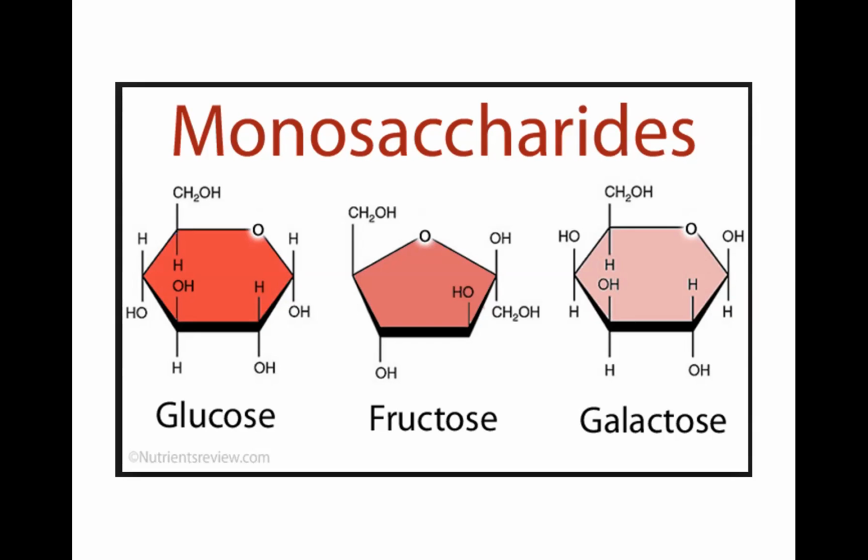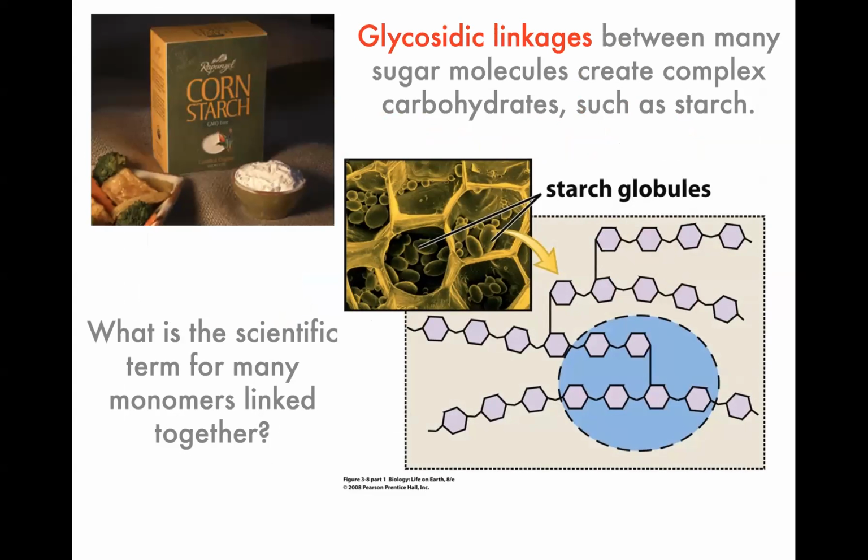You can see the chemical structure of these can vary. Glucose is a 6-carbon sugar, while fructose is a 5-carbon sugar. You see fructose as a not so ideal added sugar in our foods. We see galactose also as an example of a monosaccharide. We talked about bonding and linkages, chemical bond formation.